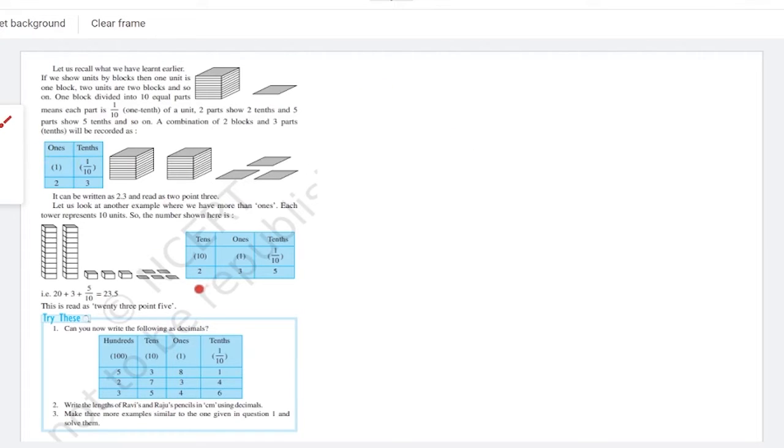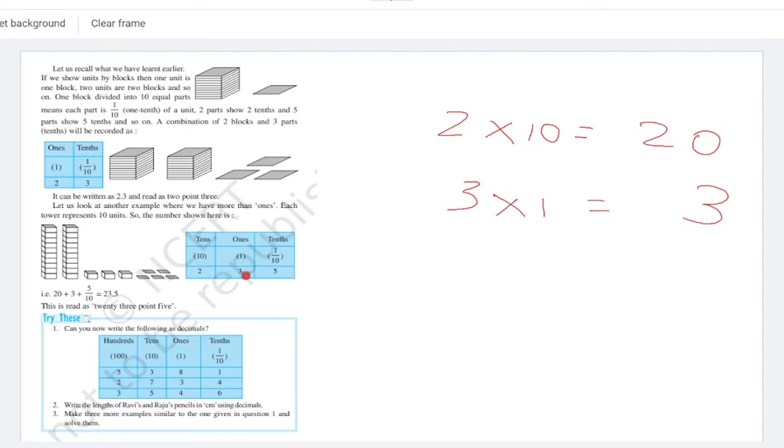Altogether you will have 2 tens, that means 2 into 10, then you will have 20. 3 ones means 3 into 1, that is 3. And you have 5 in the tenths position, no? So it is 5 into 1/10.